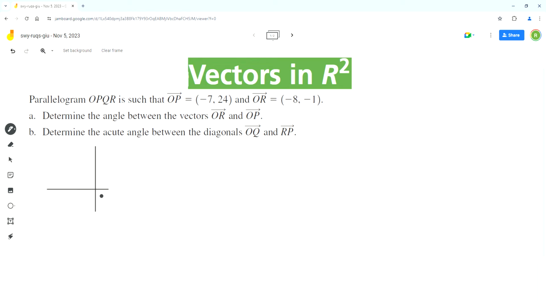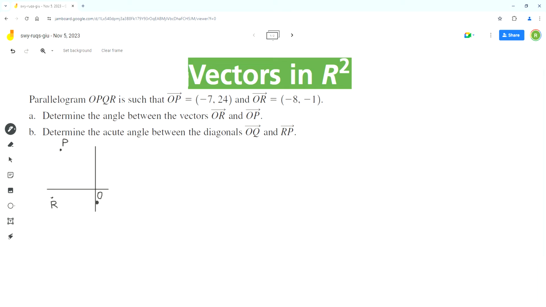So O is the origin, the point R is (-8, -1), somewhere here, and point P is (-7, 24), so that will be somewhere here.